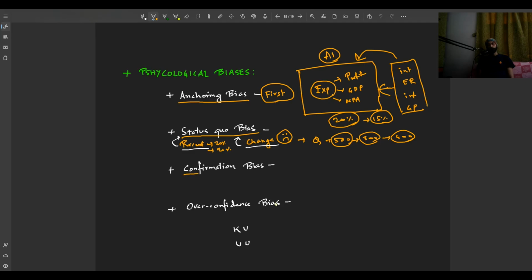Now we come to confirmation bias. What do you mean by confirmation bias? Let's say an investor started investing during 2022, and all he or she has seen is upward movement of the markets. Now it is 2025, and the market scenarios have changed.